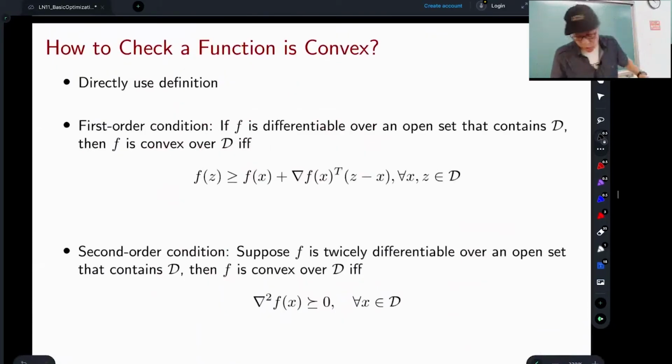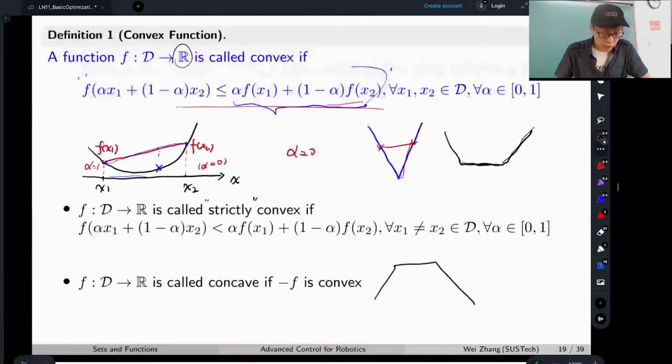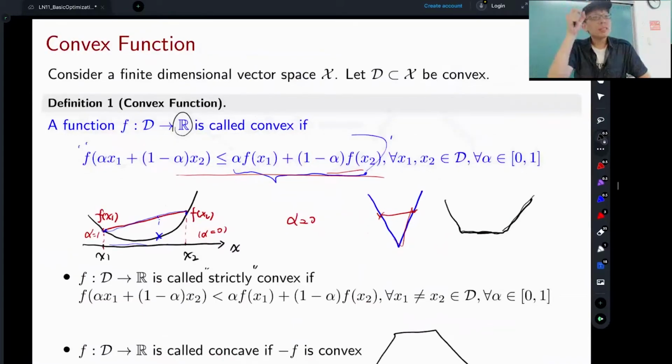And how do you check whether a function is convex or not? There are a lot of results out there. I don't think we need to know too much about them, but at least you need to know two results that are really useful. These are sequentially harder and require more and more. This is called the first order condition. The previous definition is basically zero order, since I didn't require the function to be differentiable.